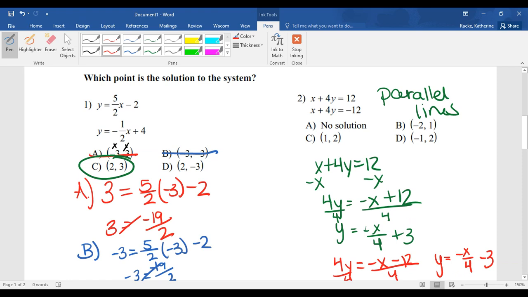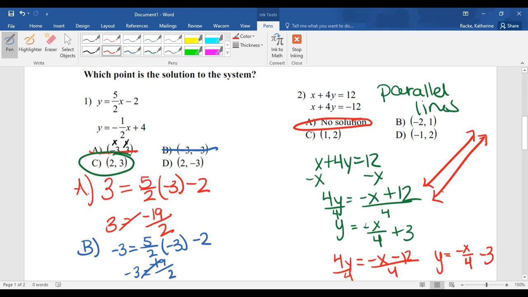So they have the exact same slope, they just have different starting points, which makes them parallel lines. So that means they would never intersect because they're just going side by side the entire time. So our answer would be no solution, okay? So make sure you're always setting it equal to y to see if something like that is happening.